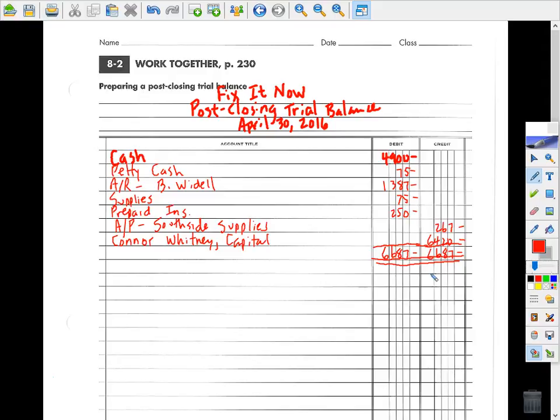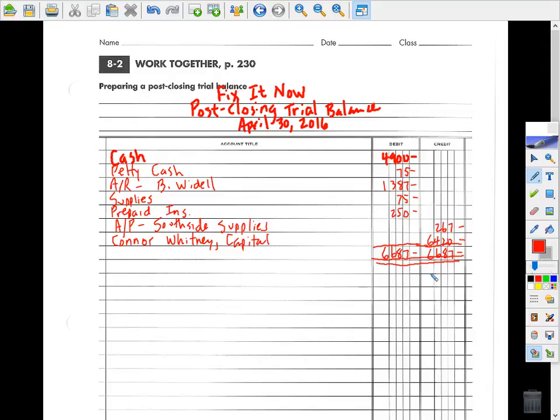So what accounts will appear? What are the only three types of accounts? Assets, liabilities, capital. What happened to the rest? How come? They zeroed out. What caused them to zero out?